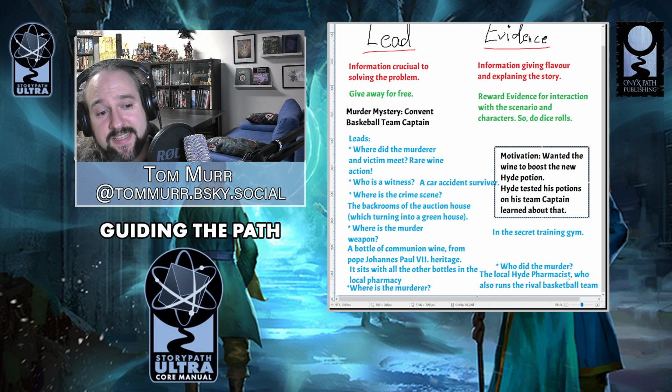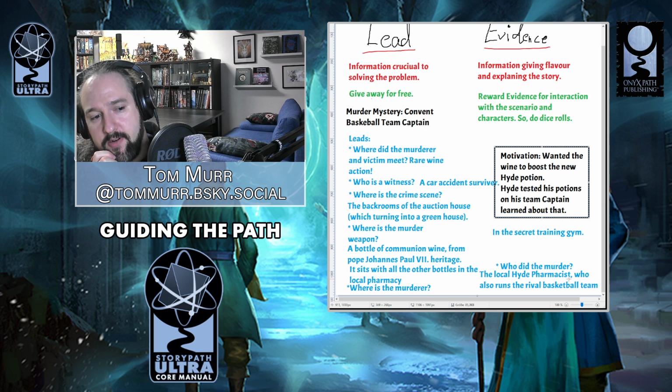The crime scene itself was in the auction house, especially in the back rooms, and there's the first strange thing already happening. We have a greenhouse that is somehow molded into this auction house. So we have the specialty auction house in the front, and in the back there is a greenhouse, and the survivor of the car accident could see part of the murder scene through the windows, through the glass panes.